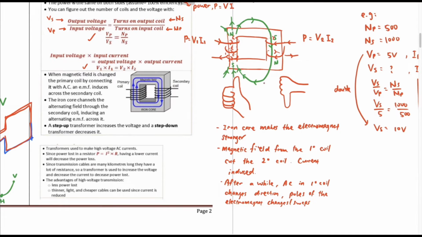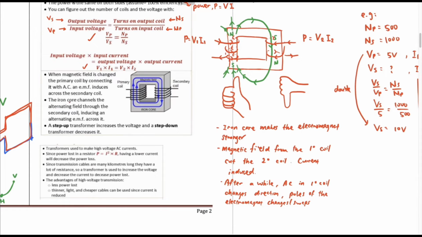So it cuts the secondary coil just one time, and the EMF induced is just one time, and after that it disappears. That's why we need to use alternating current, because it keeps cutting the secondary coil in different directions and keeps inducing EMF. So that's the reason.